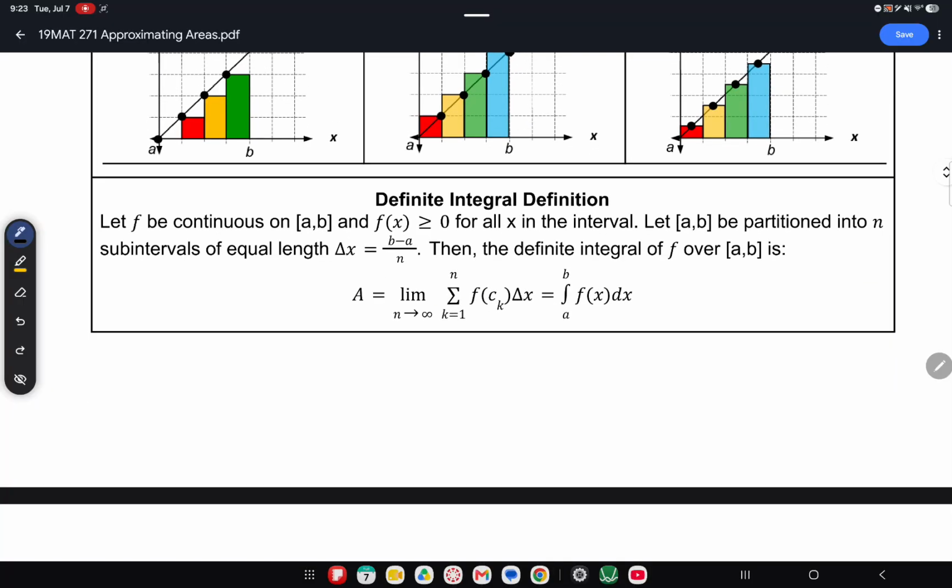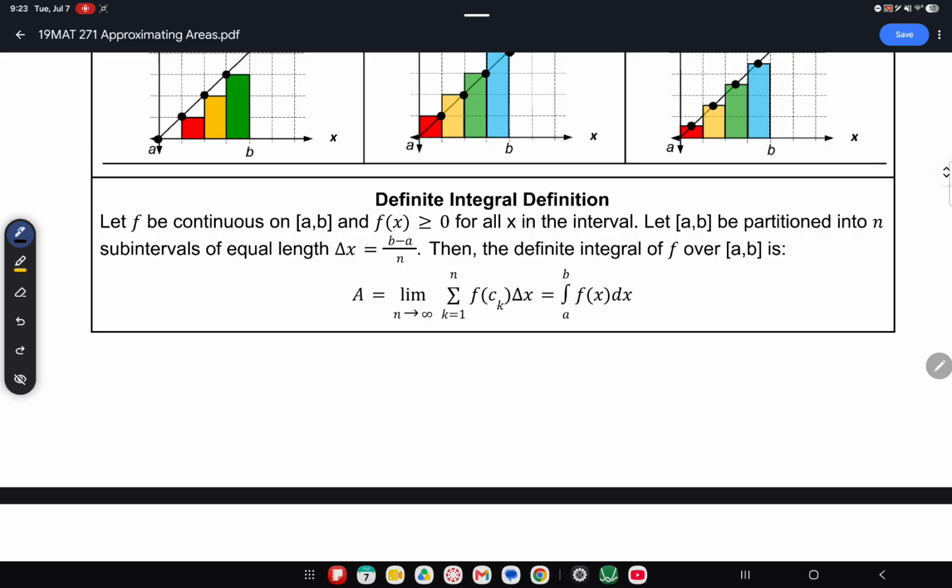So let's piece apart this definition here. Let f be continuous on an interval a to b, and the function is greater than 0 for all x in the interval. Let a to b be partitioned into n subintervals of equal length, where delta x, which is the width of the rectangle, is b minus a all over n.